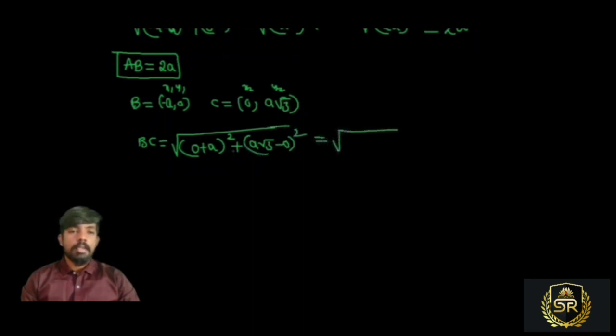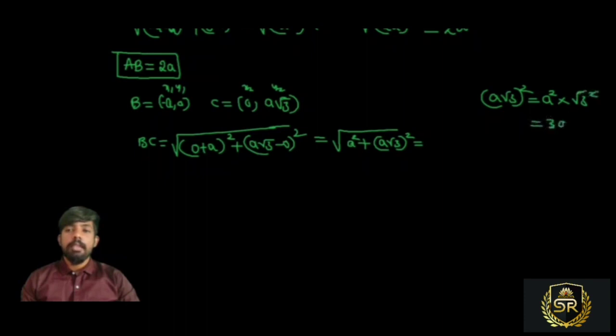So we get a square plus (a root 3) whole square. (a root 3) whole square can be written as a square into root 3 square, which is 3a square.